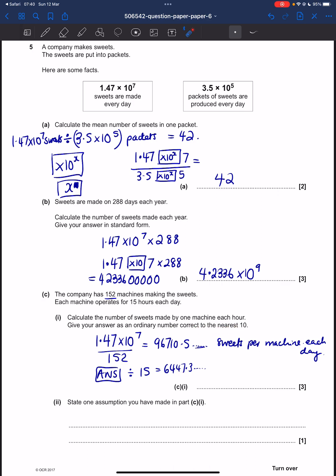So we don't need the decimal, we don't need the units because they're the tens. So it's 47, so to the nearest 10, 6450.